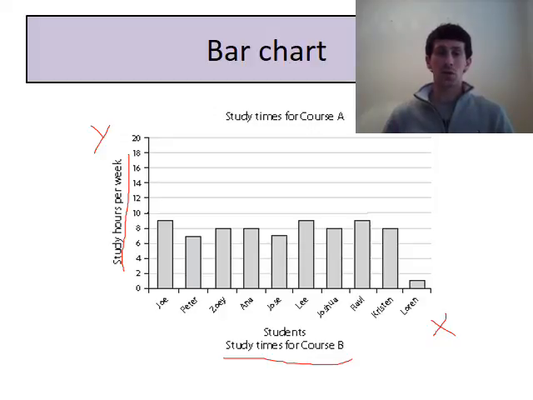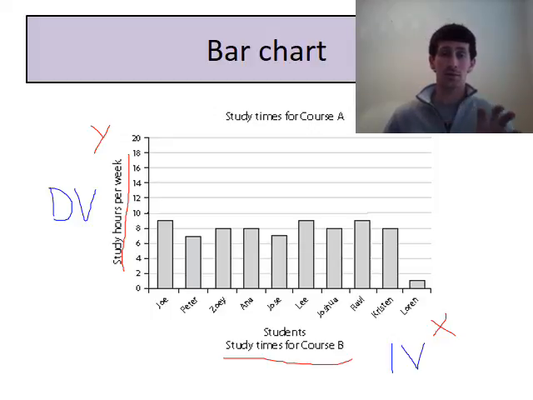And also, you must have, and this is really, really important, your independent variable always goes on the bottom, on the x-axis. Your dependent variable, what you're measuring, for example here, study hours per week, always goes on the y-axis. So it's really, really important that you get the independent variable and the dependent variable on the correct axes.